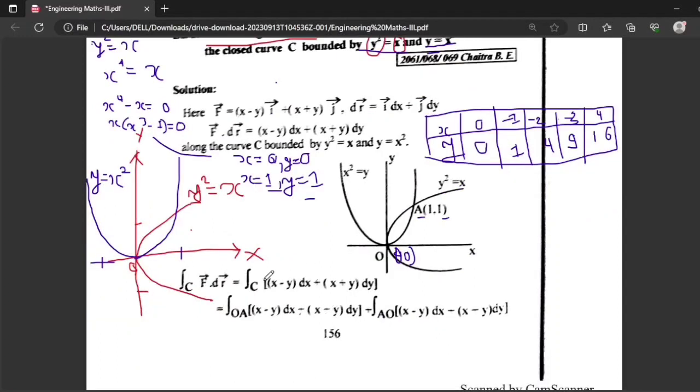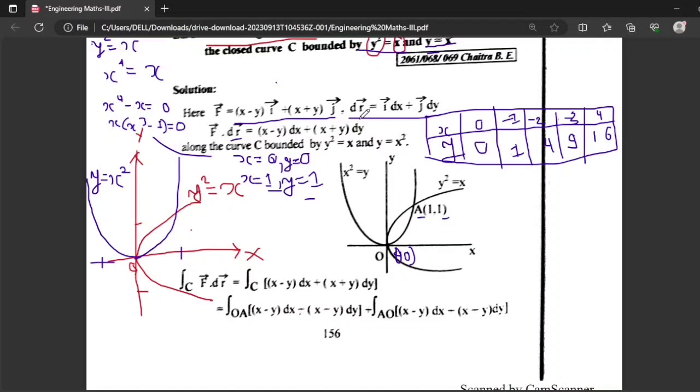So the integration of F dot dr is: F vector is x minus y i vector plus x plus y j vector, and dr vector is i dx plus j dy.